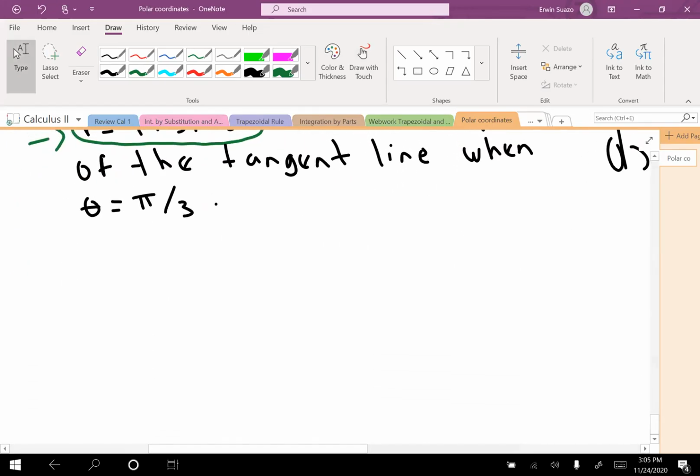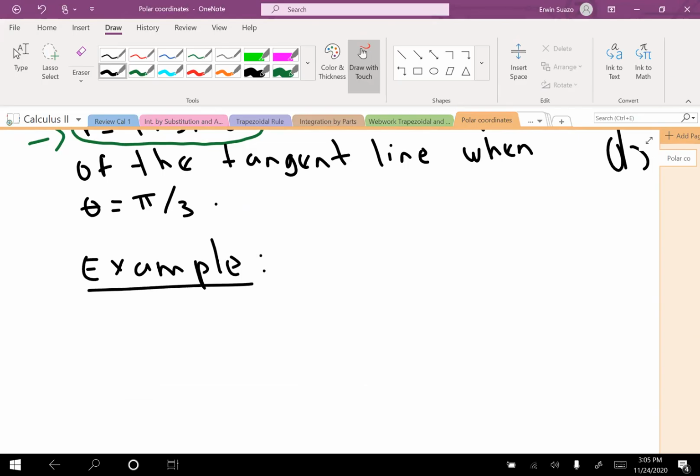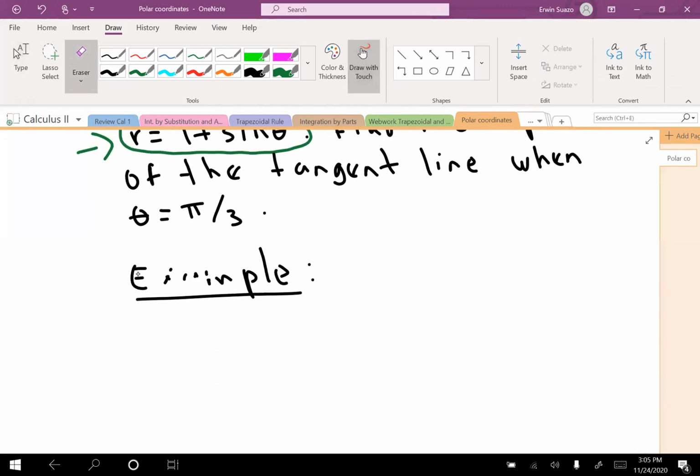So example. Oh, okay. Let me give you another formula before the example. We can already know it, but so this is a formula. So it's an area formula.